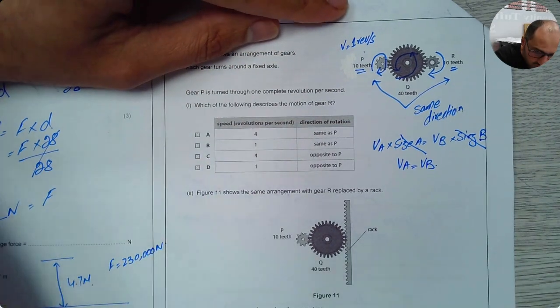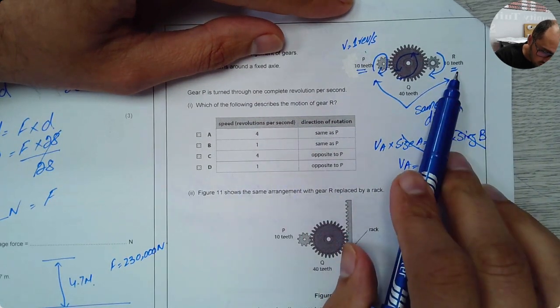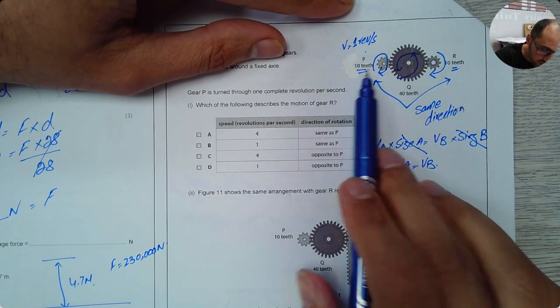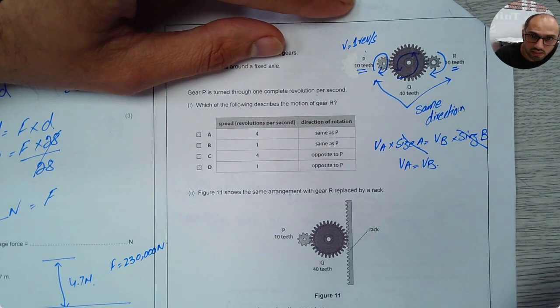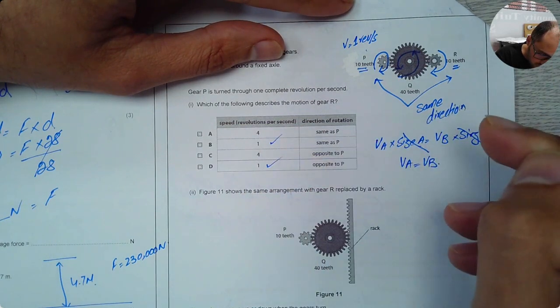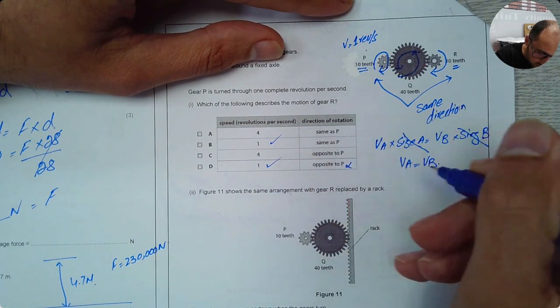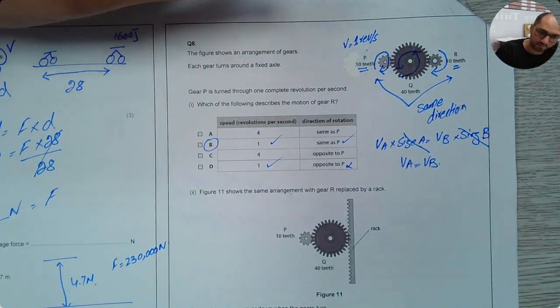So gear R has 1 revolution per second as well, because it has the same number of teeth. So this is right, this is right. The only thing that's wrong here is that it can't be opposite to P. It has to be in the same direction. So this is correct. The answer is B.